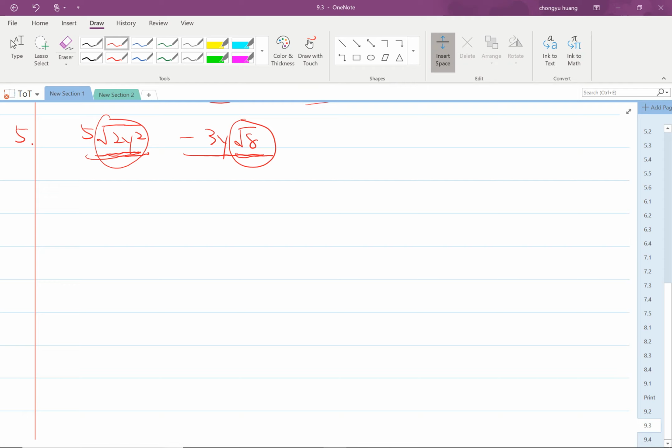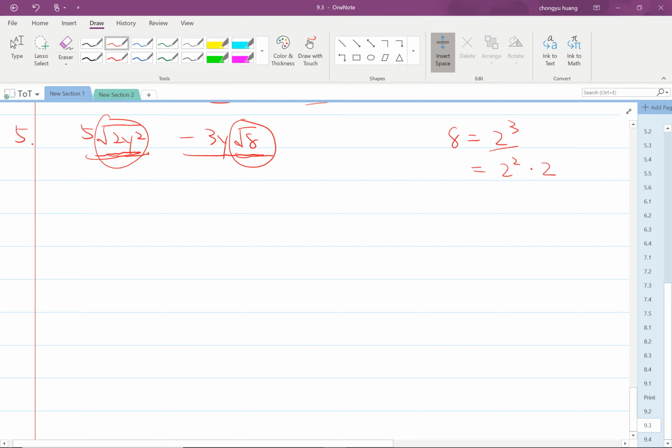Let me write it down here. You know that 8 is 2 to the power 3, so you can write 2 to the power 3 as 2 to the power 2 multiplied by 2.